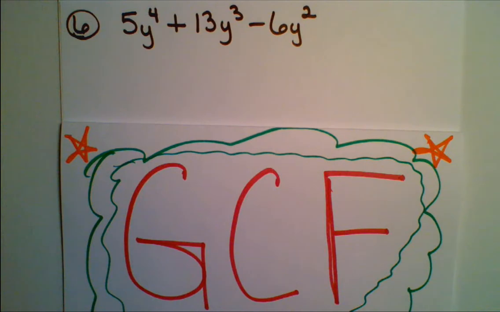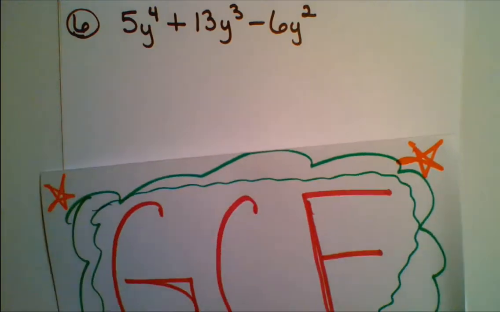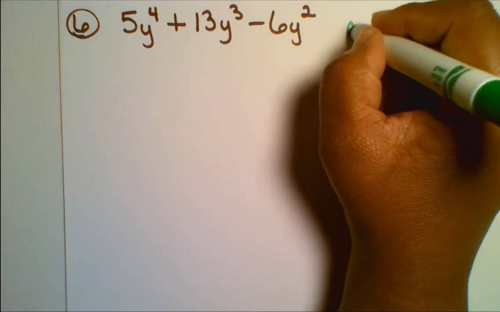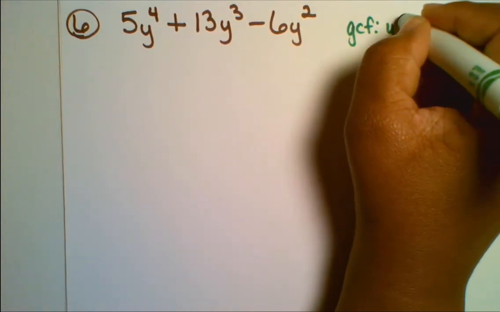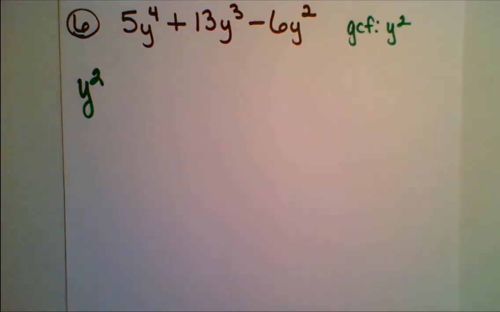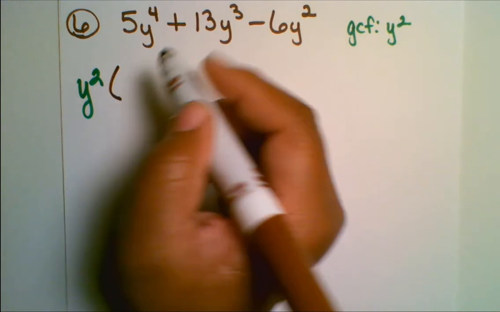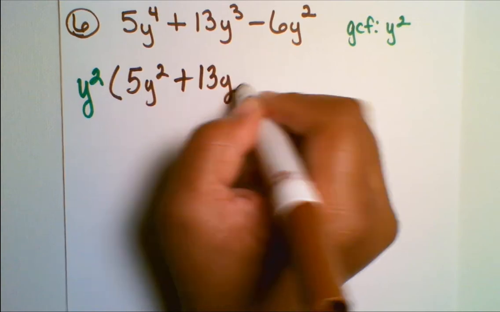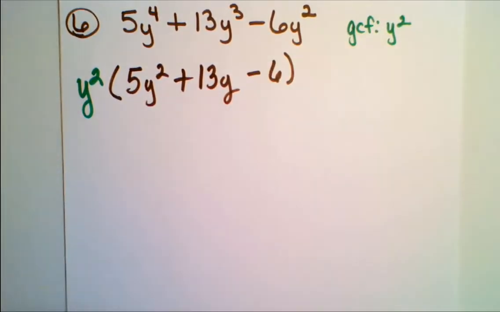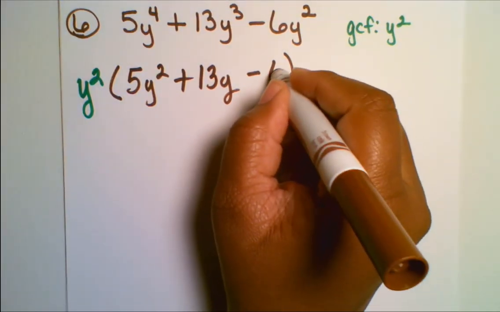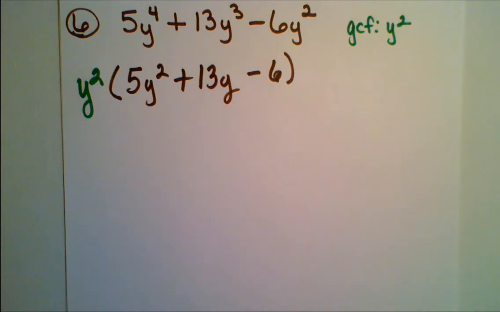Is there a GCF that can be factored out? The answer is yes. And that GCF is y squared. So we're going to factor out a y squared, and then what we have left over will be 5y squared plus 13y minus 6. Remember, you're going to have 2 less y's in each term. That is a 6 for the last term.